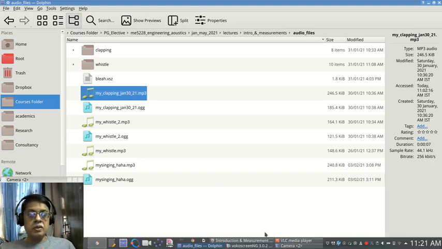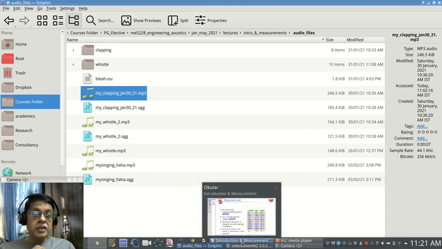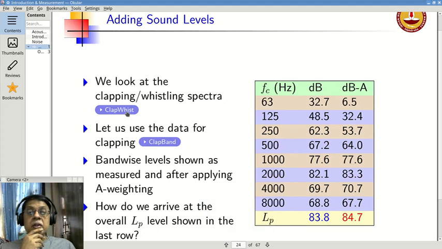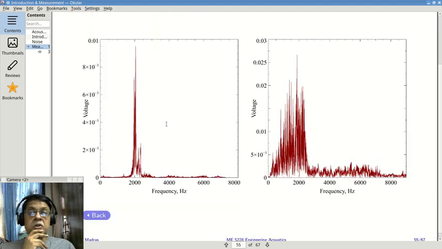So we recorded those, and I will show you the spectral characteristics that I have got from running it in Octave. Here is the spectrum for the first one, the whistle, which is very focused.